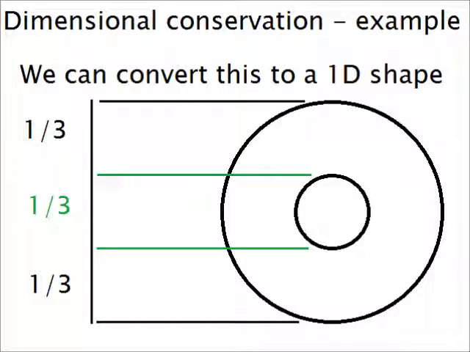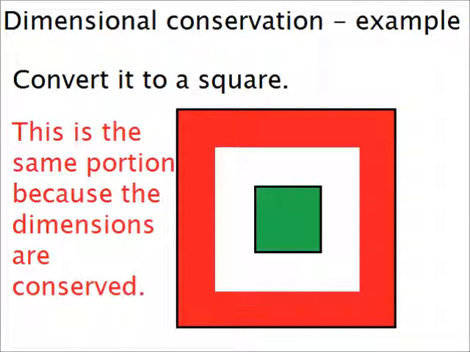That's the outer diameter of the original shape. And this same set of measurements can be used to describe a square. So it's the same portion of the square, it's the same portion of the circle, even though it's a different shape, because the dimensions are conserved.